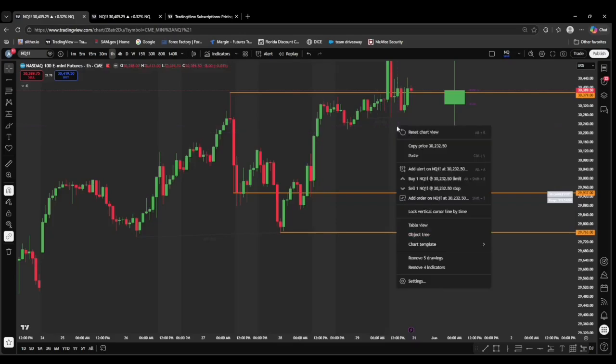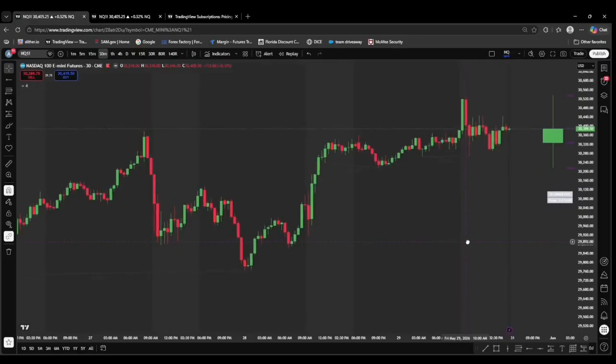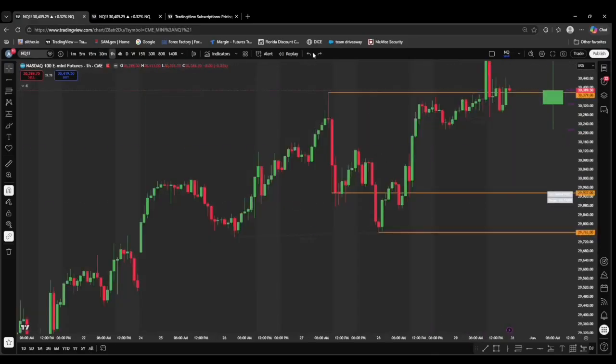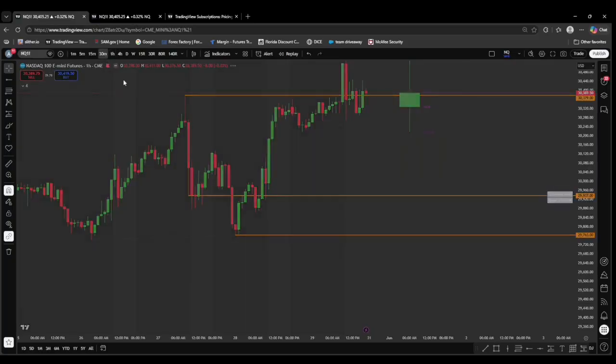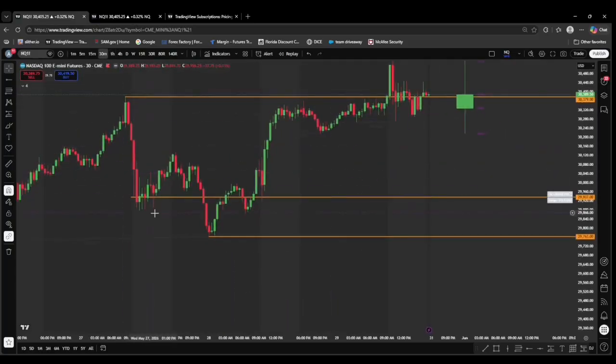Now I'm going to remove that, right click, remove 5 drawings. Actually, let me go back before I remove my drawings. Let's go to the 30-minute time frame. So each candle represents 30 minutes of price action. Look at the bottom of the screen again.